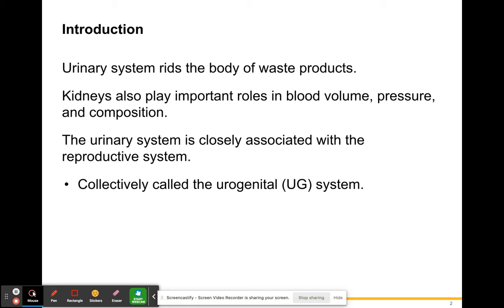We will not be talking about the reproductive organs in this particular chapter. We will discuss those organs in a subsequent chapter after this, but they are extremely closely connected. Most of the urinary system will run alongside or with the reproductive organs.